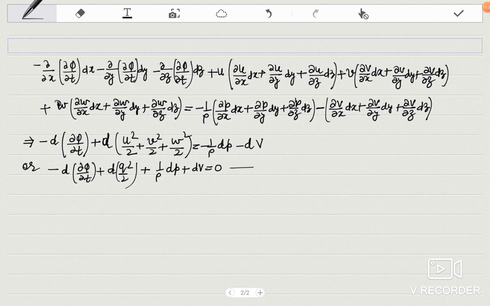So integrate, suppose it is equation A, integrate along a path assuming t to be constant.